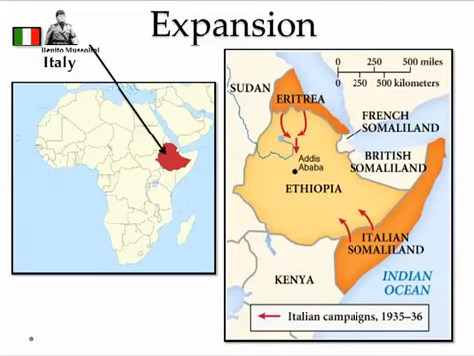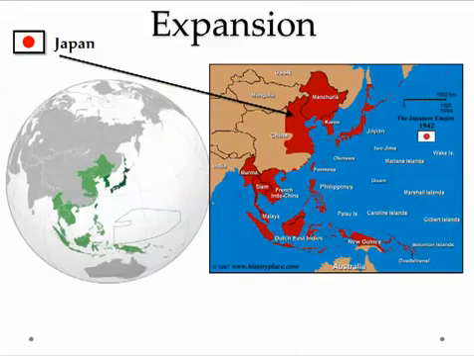And then Benito Mussolini down here in the African continent, the country of Ethiopia here. Italy and Benito Mussolini are going to invade Ethiopia and try to colonize it. So that's Italy's expansion. And then Japan attacks northern China and starts, I think it's called the Sino-Japanese War.